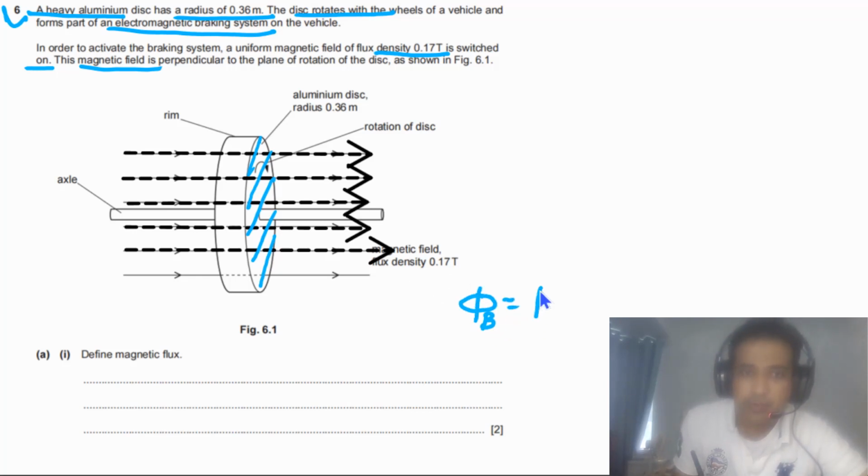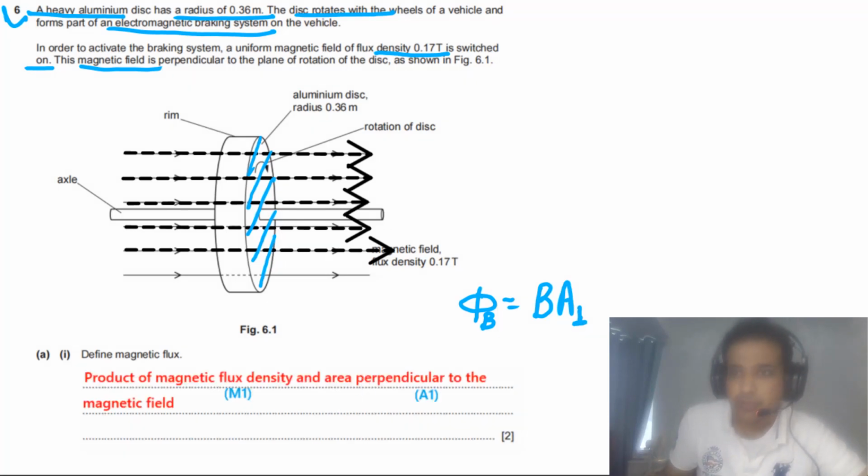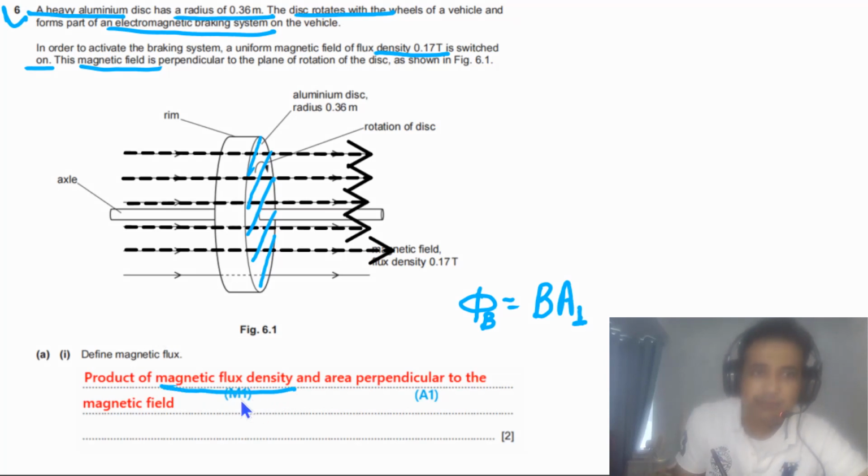This is the product of magnetic flux density times area perpendicular to the magnetic field. We have to define this, so you can write down these points. You can say product of magnetic flux density, this is an M mark, so it has to be in your answer. And second, you have to write down area perpendicular to the magnetic field. You will get 2 marks if you have written this.